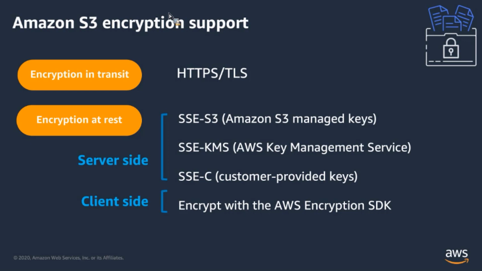Now, in encryption at rest, we also break this down into two categories. You have client-side encryption, which is where you encrypt the data before sending to S3. And you can use the AWS Encryption SDK to take advantage of the AWS Key Management Service, or KMS, in order to manage your keys, rather than having to manage them yourself. On the server side, we break this down into three categories. We have SSE-S3, where the S3 service itself manages the key rotation.